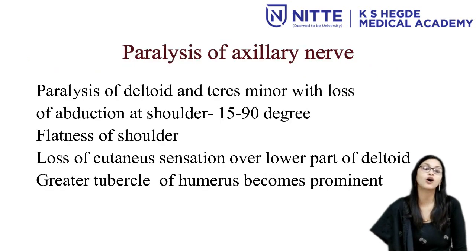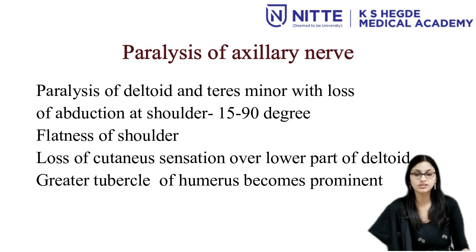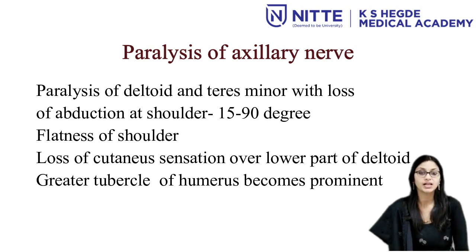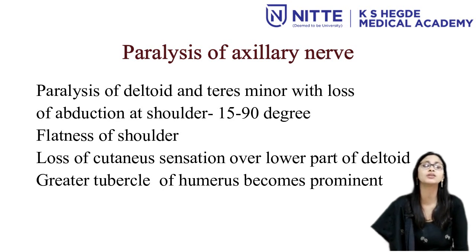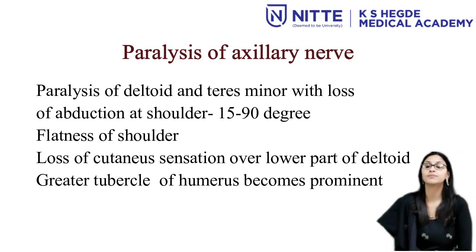There is paralysis of deltoid and teres minor with loss of abduction of the shoulder between 15 to 90 degrees. That means the patient is not able to do abduction in the range of 15 to 90 degrees. There is flatness of the shoulder, loss of cutaneous sensation over the lower part of the deltoid, and the greater tubercle of the humerus becomes very prominent.